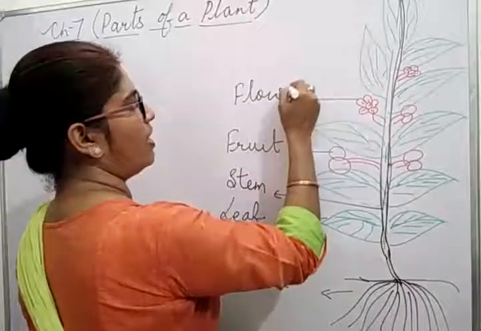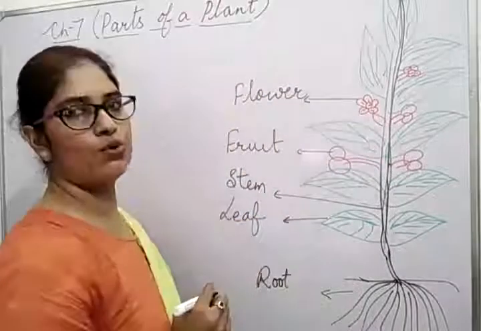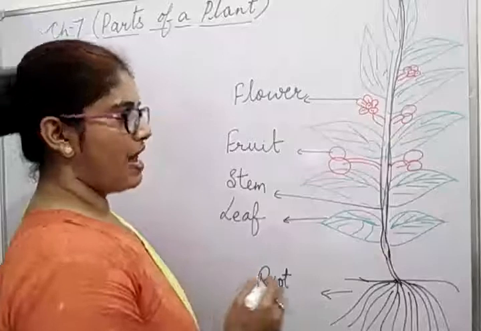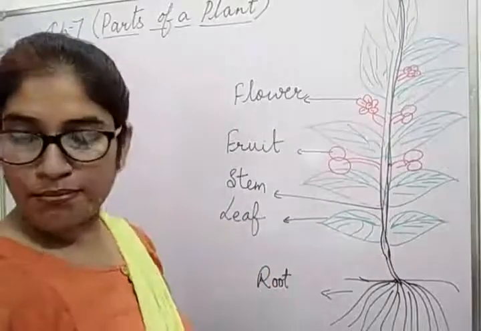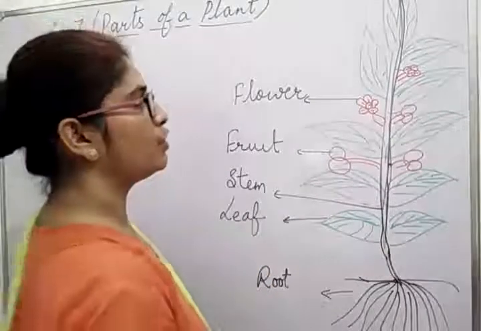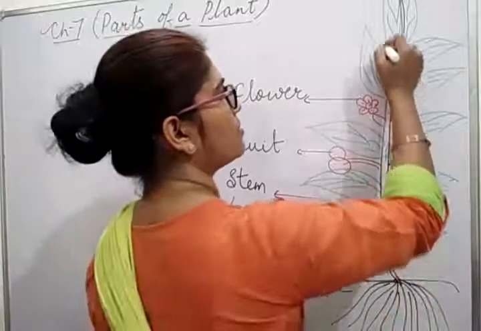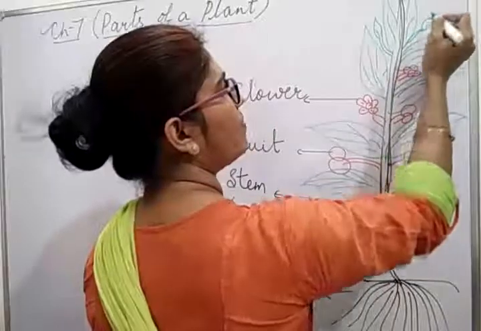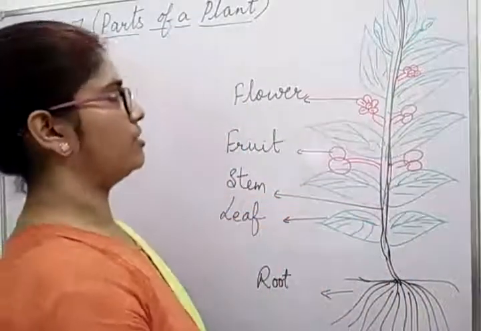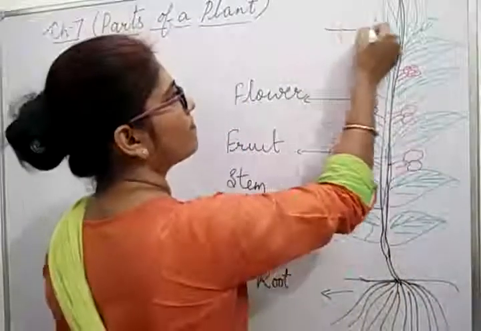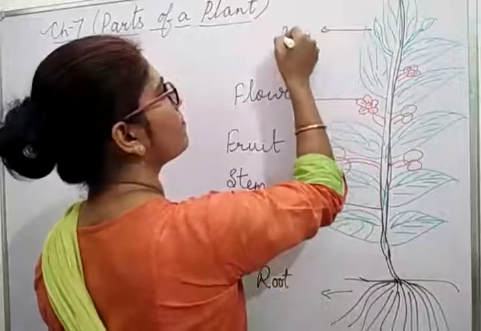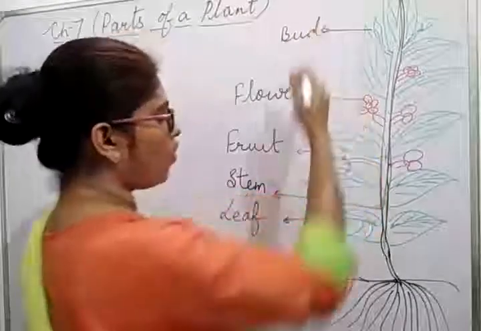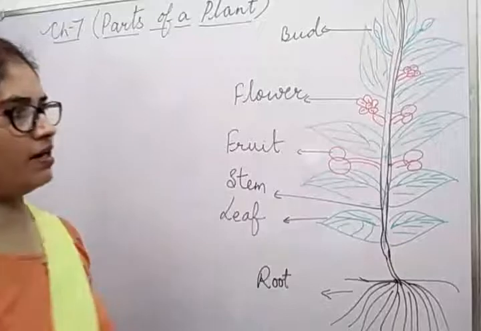And the spelling of flower is F-L-O-W-E-R. Okay, and children, we also see some buds on the plant, the newly coming ones. So you can label this as a bud here. Okay, so all these are parts of a plant.